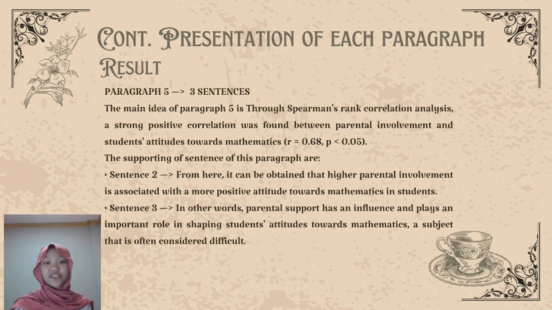The supporting sentences of this paragraph are: sentence 2 contains, from here it can be seen that higher parental involvement is associated with a more positive attitude toward mathematics in students. And sentence 3 contains, in other words, parental support has an influence and plays an important role in shaping students' attitude toward mathematics, a subject that is often considered difficult.